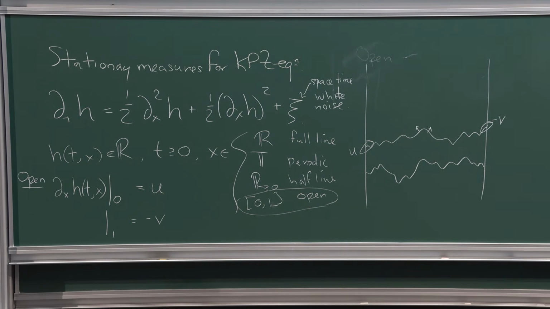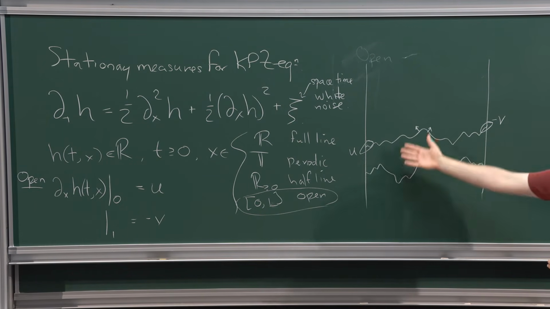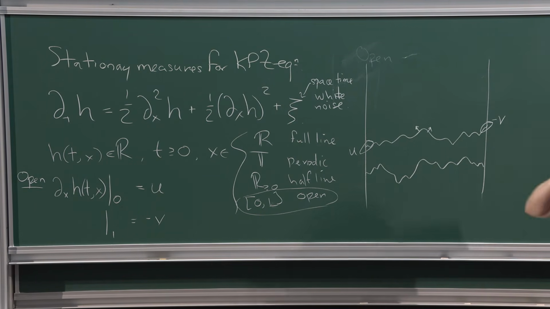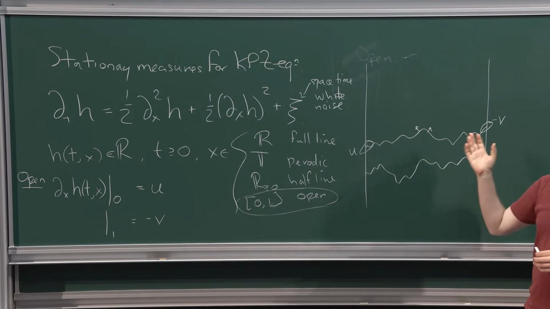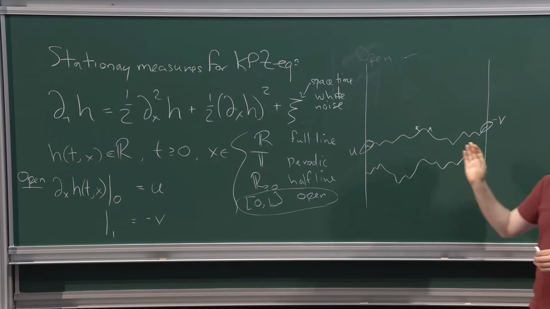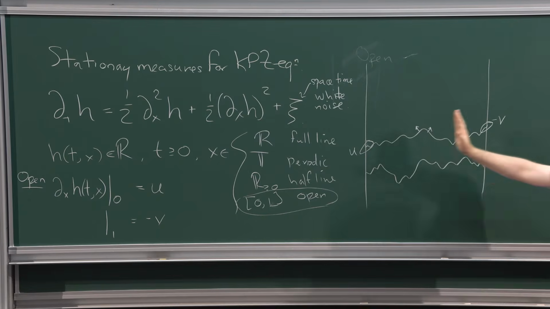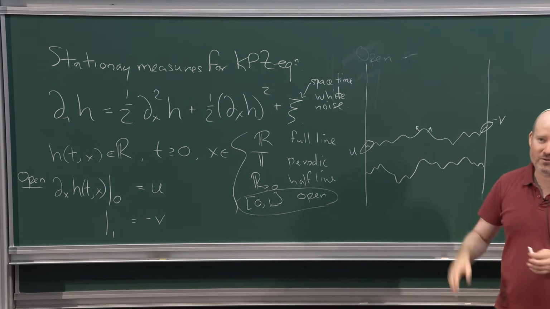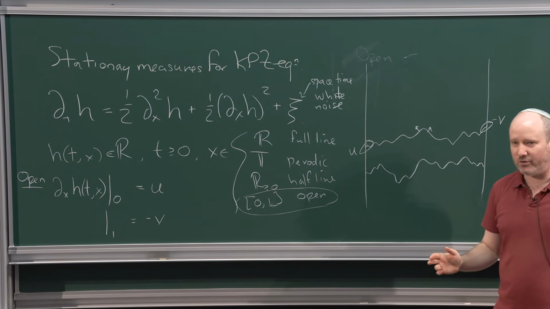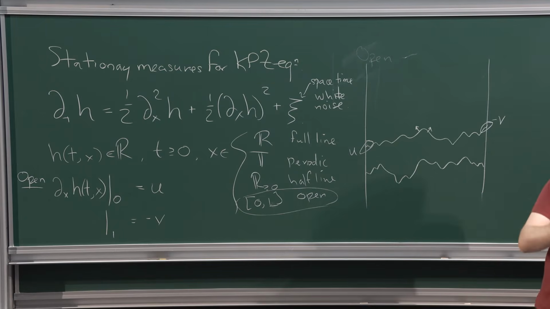Okay, so just before stating a result, let me say why you might care about this object. Of course, you might be interested in interface growth in the presence of boundaries, where there's an interaction with the boundary. Imagine there are certain substrates here that enforce certain slopes, right? And this happens, for instance, in sand piles. There are certain slopes that can be established, or certain interactions with different materials that lead to certain slopes.